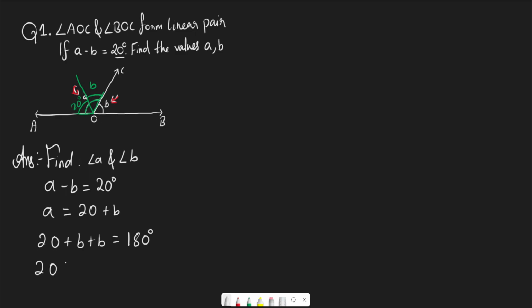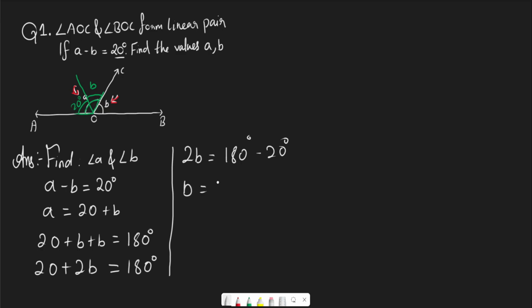So 20 plus 2B is equal to 180 degrees. 2B is equal to 180 minus 20 degrees, and 180 minus 20 is 160. So B is equal to 160 degrees divided by 2, and B is going to be 80 degrees.